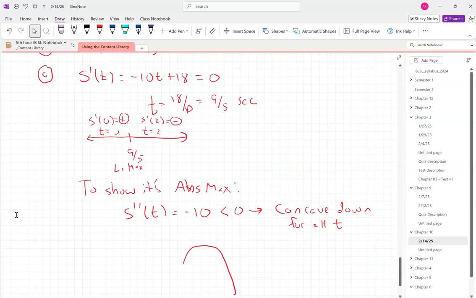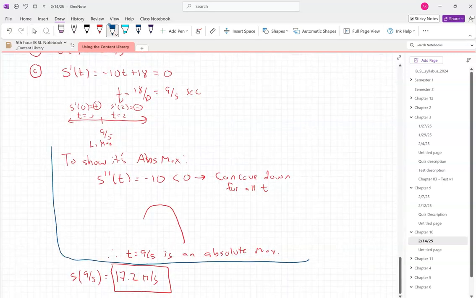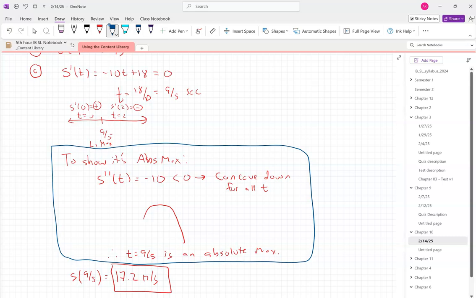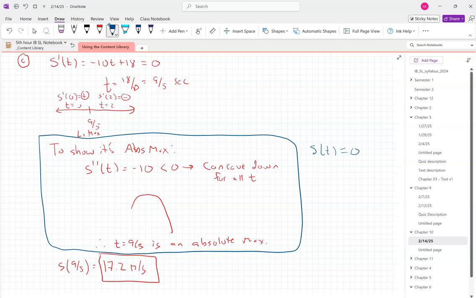So just as an aside, instead of doing this, what the textbook did is it solved s of t equal to 0, and then used that as the closed interval to do that closed interval test.